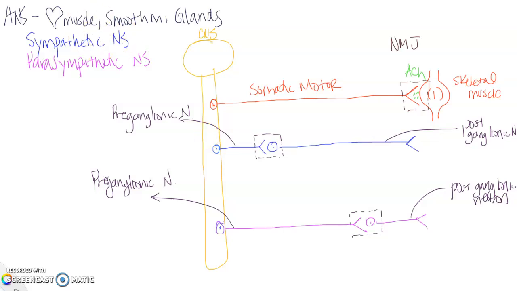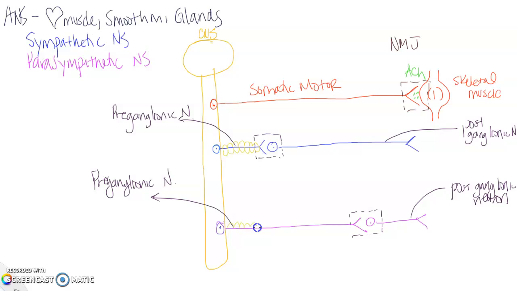Also, in the system, the preganglionic neuron is myelinated. It's lightly myelinated, but it is myelinated.